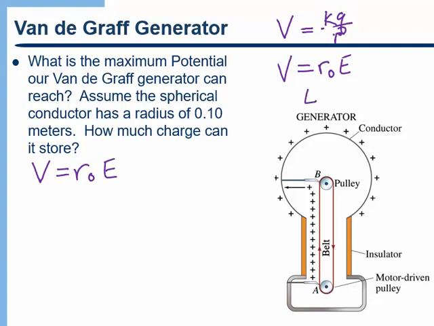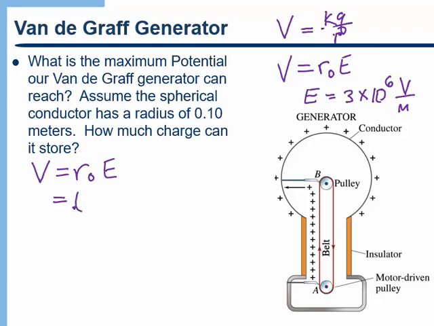Again, if the electric field gets to be 3 times 10 to the 6th newtons per coulomb or volts per meter, that's when the air breaks down. Sorry, I got that value wrong, correct that, 3 times 10 to the 6th.